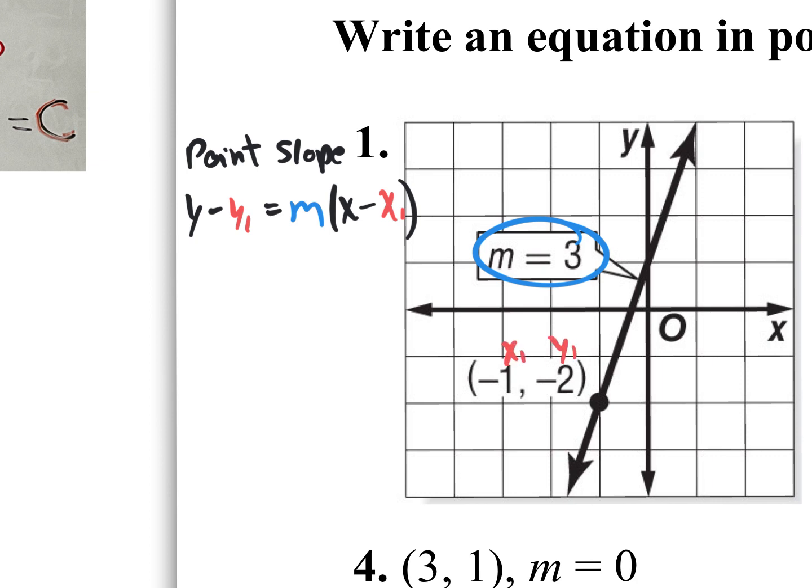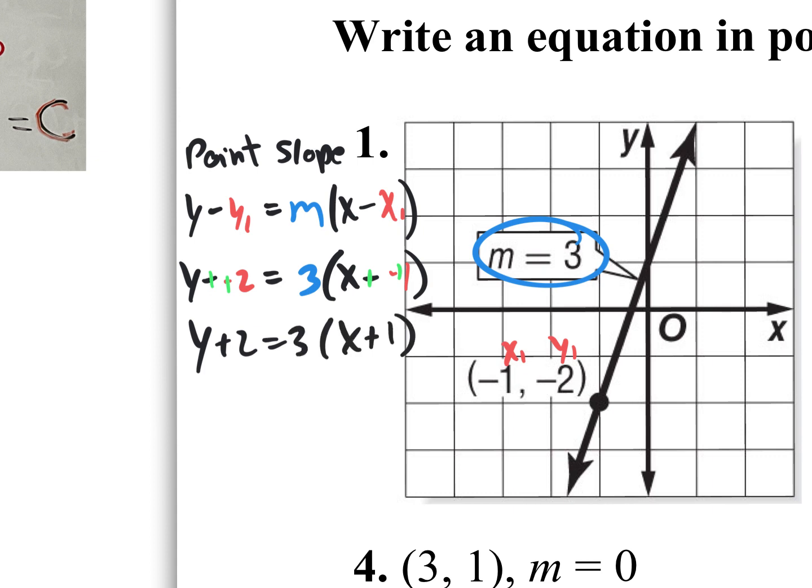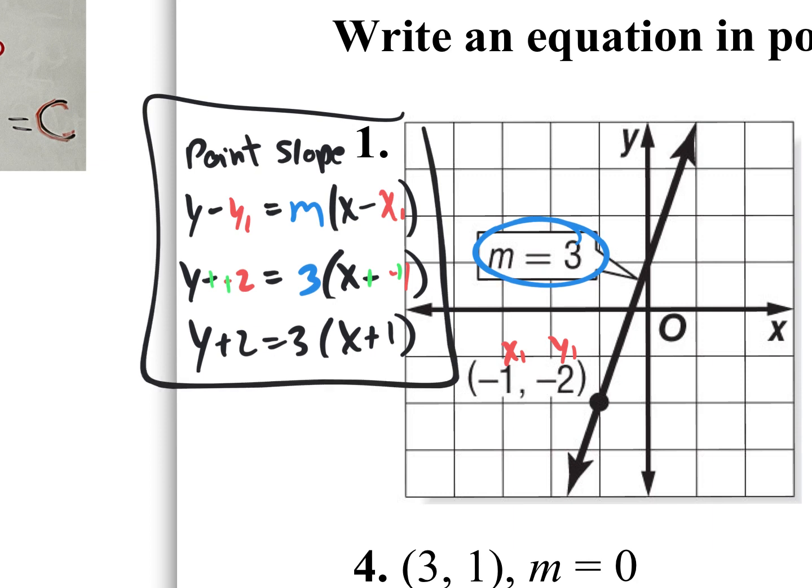So we plug it in. y minus y1 happens to be negative 2 equals m, which is 3, parenthesis x minus x1, which happens to be negative 1. And that is your point slope form equation. Okay, y plus 2 equals 3, parenthesis x plus 1. Now, that's the form they wanted. That's it. We're done. That's your form.